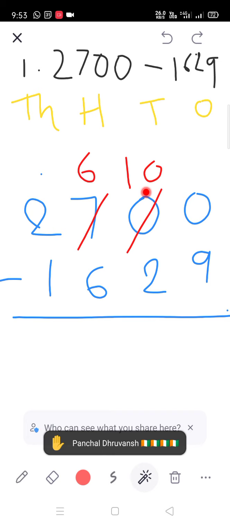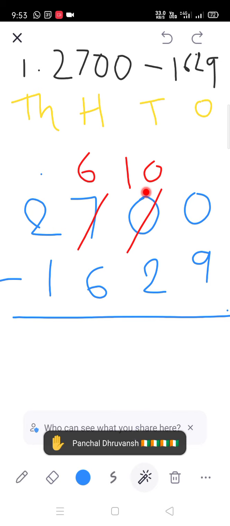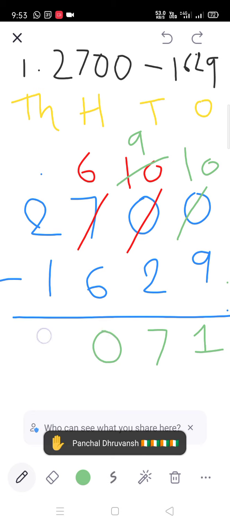So what should you have to do? You have to give a borrow from the 10 to this last 0, 0 as it is। और यहाँ पे क्या आएगा, रीग्रुपिंग कर रहे 10 की प्लेस पे 9। 10 माइनस 9 1, 9 minus 2 7, 6 minus 6 0, 2 minus 1 1.